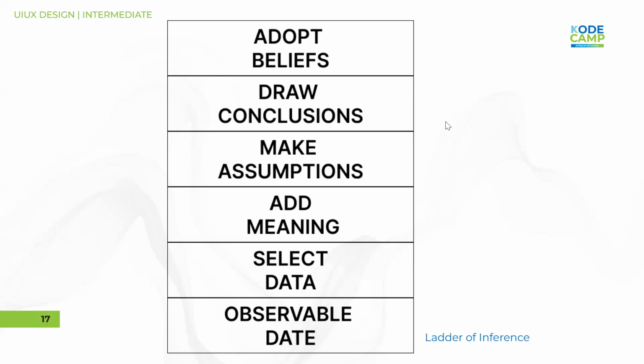So you get your observable data, then you select the data, then you add meaning to the data, then you make assumptions based on the meaning, then you draw conclusions based on the assumptions, and then you adopt beliefs based on the conclusion. So this is a ladder of influence that, if you use this before going into the main research, is going to help your team move faster and smoother.